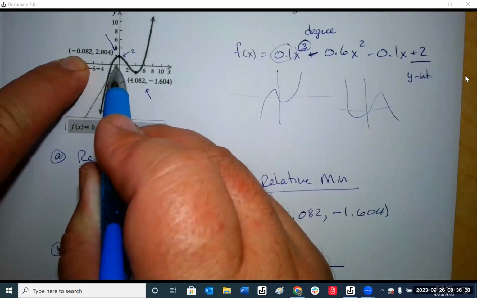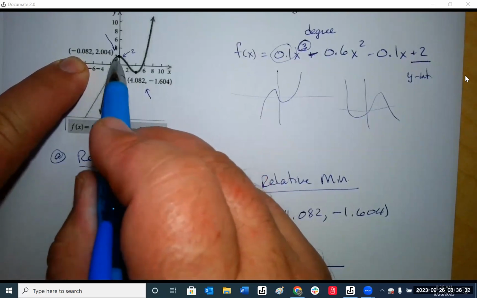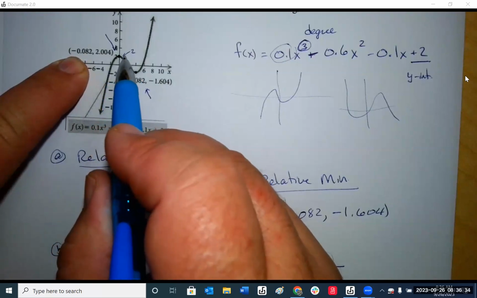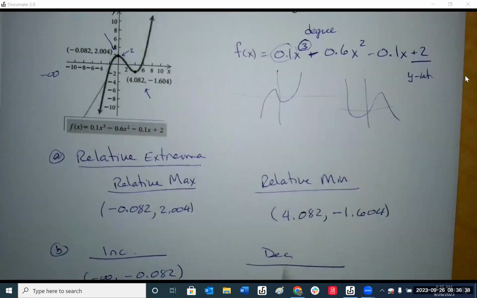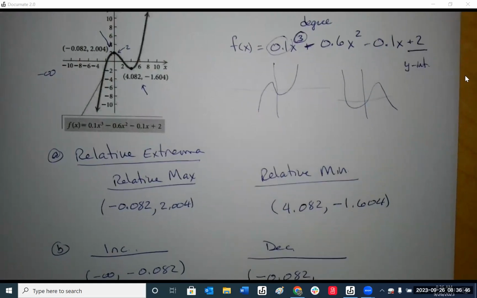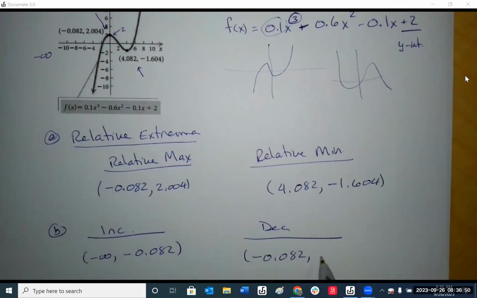Negative 0.082. What's it doing after that? Is it going up or down or staying the same? It's going down, so it's decreasing from negative 0.082 to where? Right, 4.082.